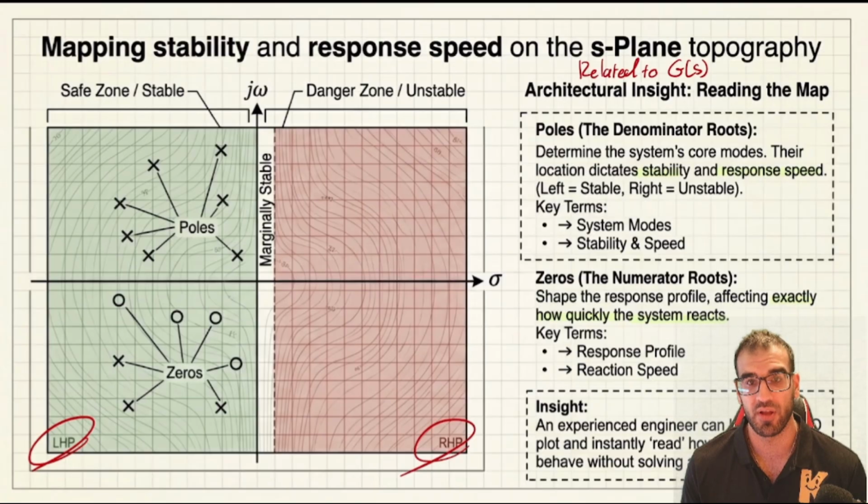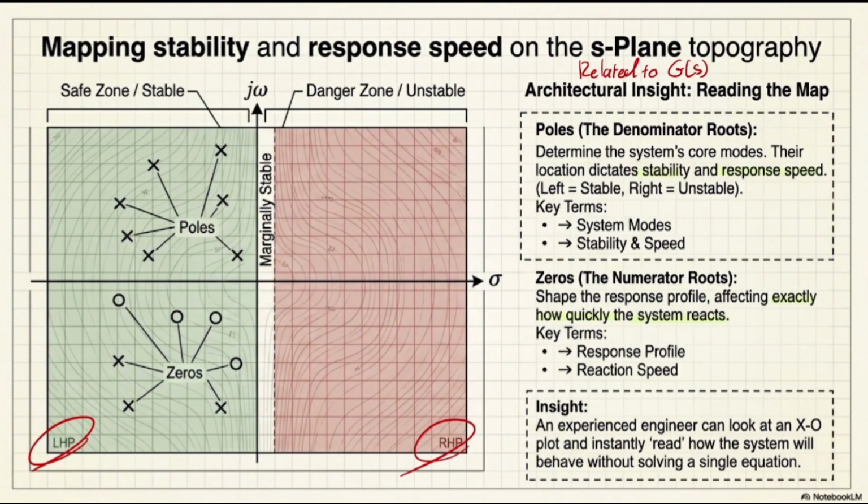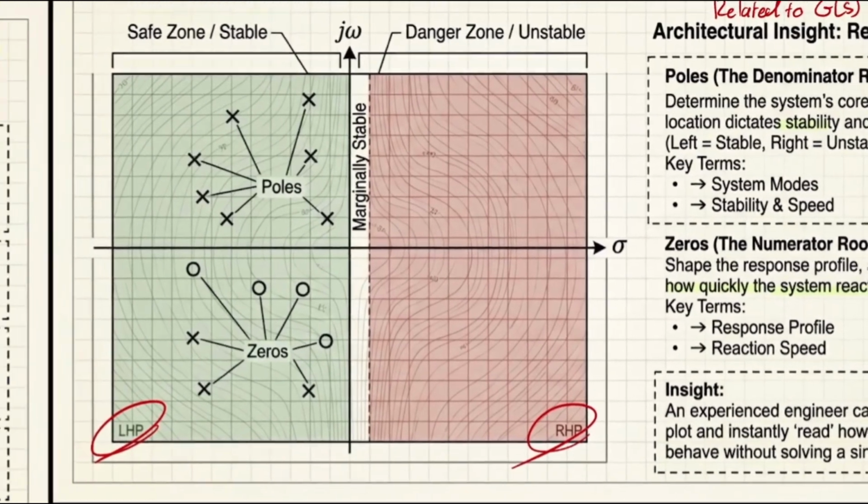How can I do something we call compensation, which we will talk about in the final stage? And what are the behavior or characteristics of my final model? So that's why, as you can see over here, we have something we call the S-plane.